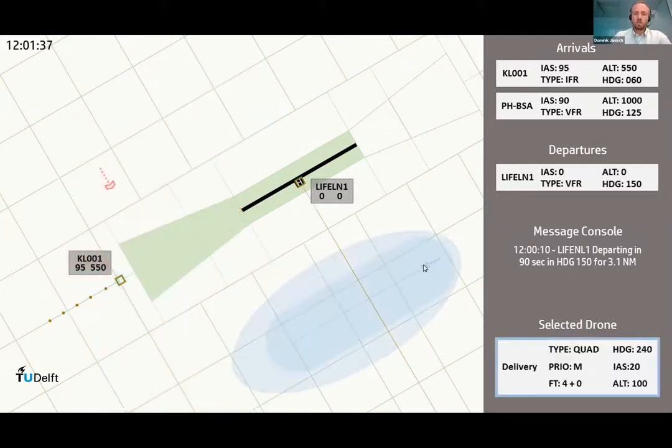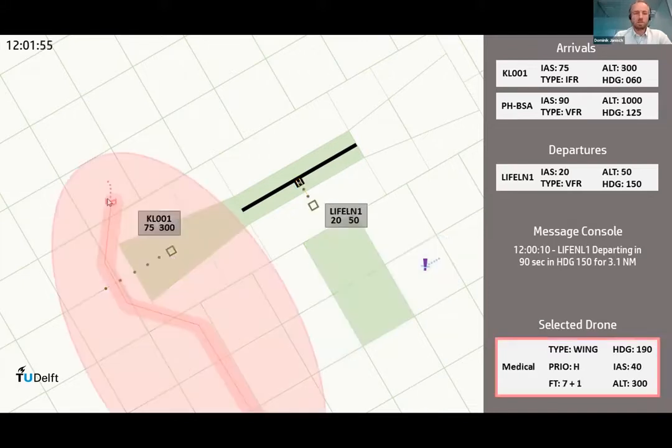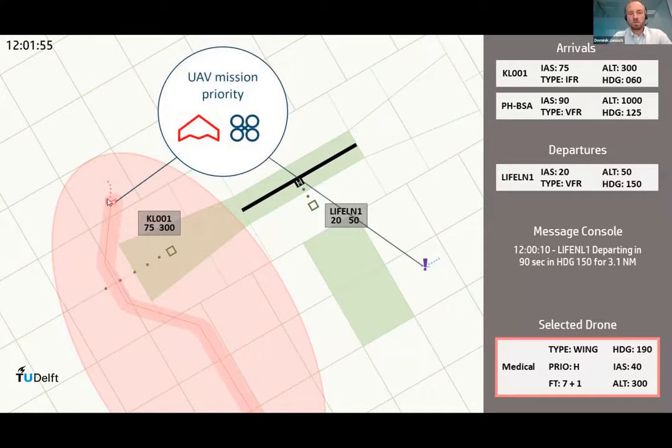Now, similarly, we have another situation here with another UAV, where the controller would then activate these geofences as well to maintain safety if necessary. Now, we wanted to add one more indication to this display that we wanted to test, and that is the differentiation between levels of priority within UAVs. In particular, here we have two types. One is a red UAV and the other one is a blue one.